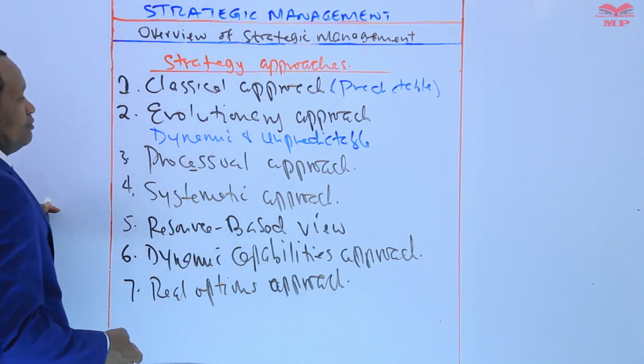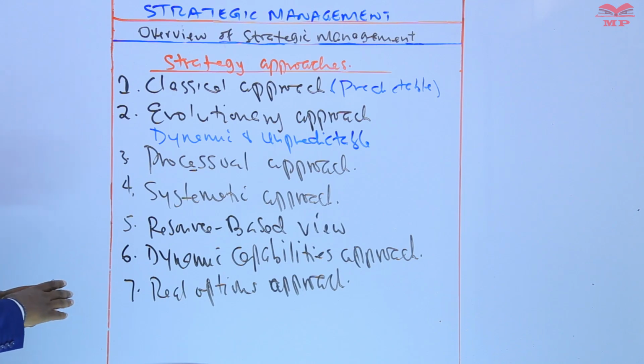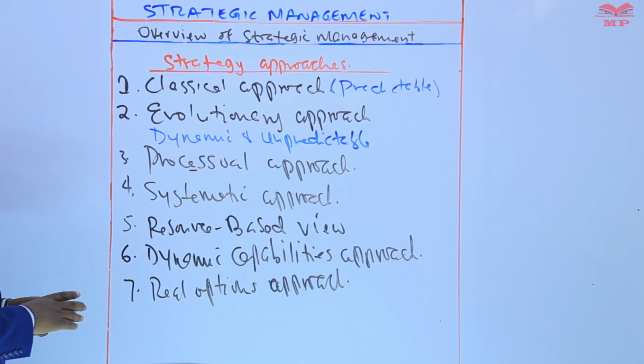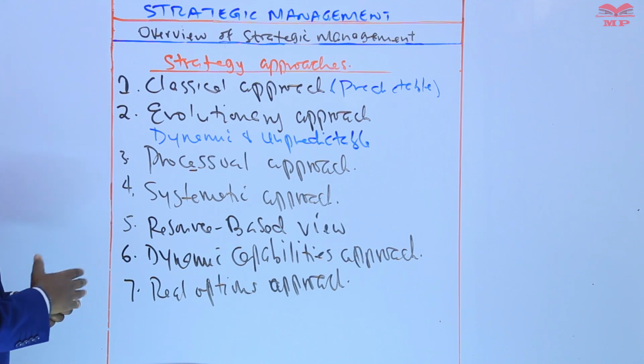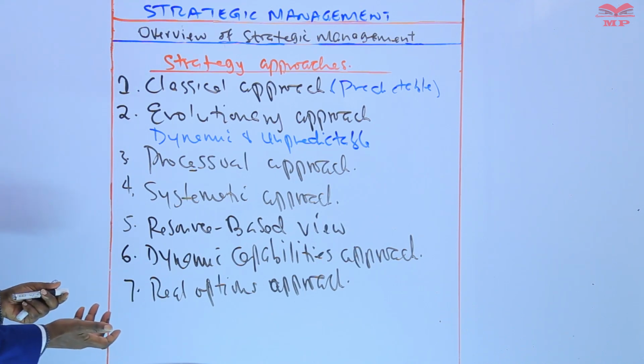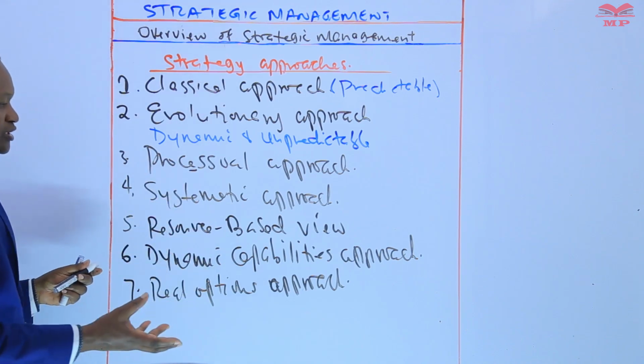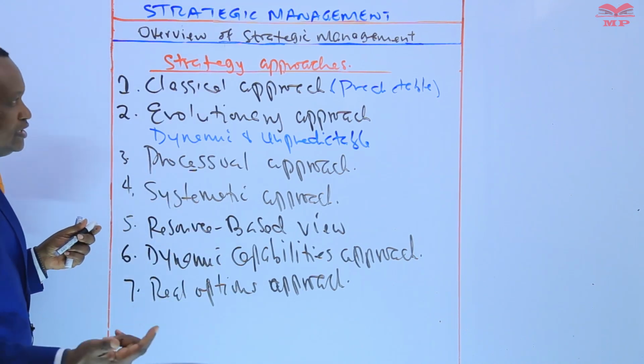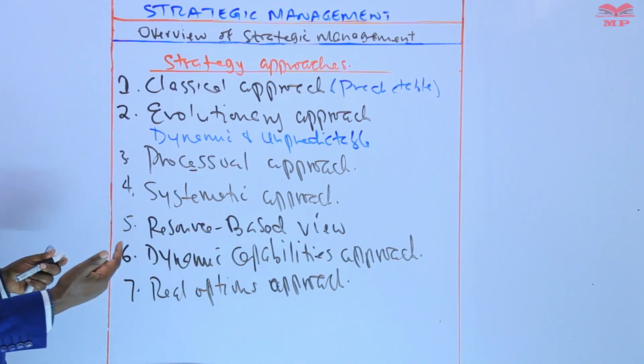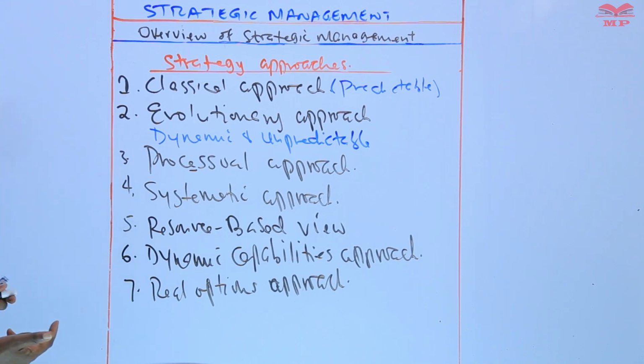So as we said in the beginning, each strategy has its own merits and its own drawbacks. So depending on the organization, the organization can have a combination of these approaches in order to meet its needs and circumstances. That's all.